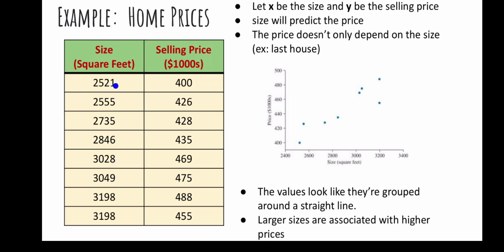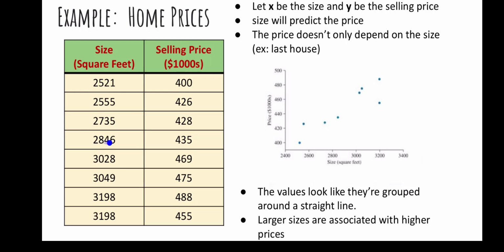So we've got a house that's 2,521 square feet, another that's 2,555 square feet, and so on. Then we have the prices of each of those homes in thousands of dollars. So this number 400 actually represents 400,000. We just truncated a little bit to make it easier to work with.